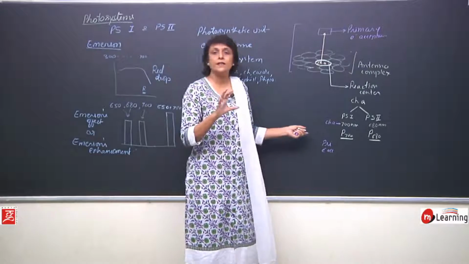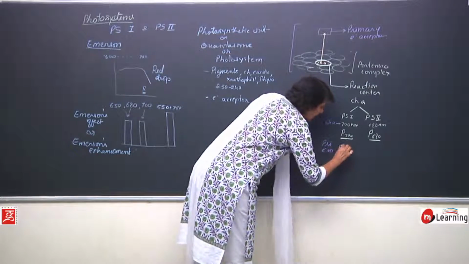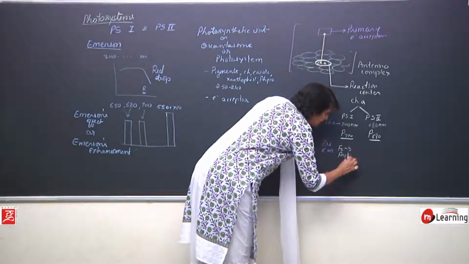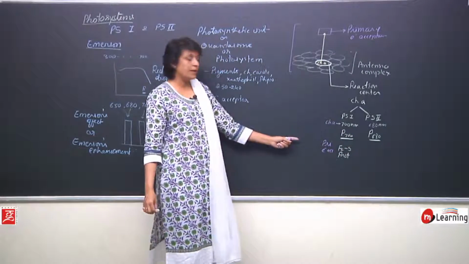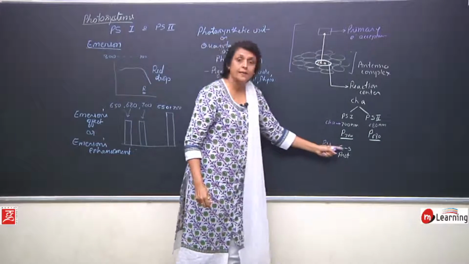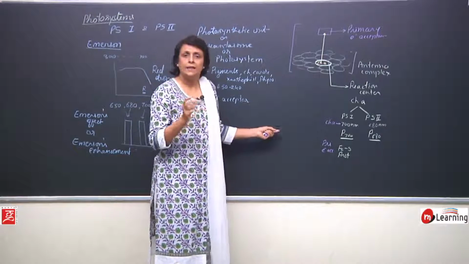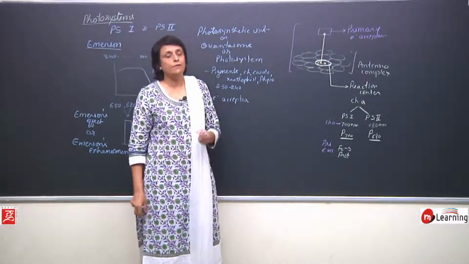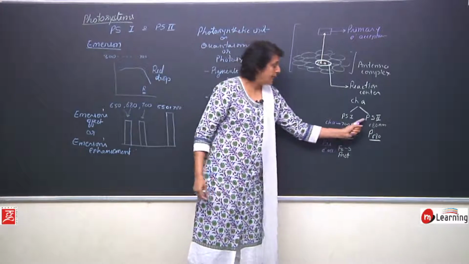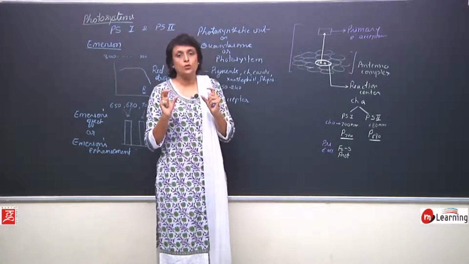One group believes that it is an unknown substance. The other group says that it is an iron sulfur containing protein. So, the primary electron acceptor in case of PS1 is an iron sulfur containing protein, but other scientists feel that it is some molecule about which the information is not available, or we do not know exactly what is the nature of that one.